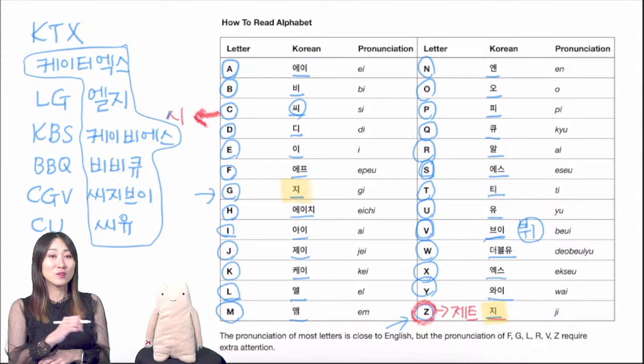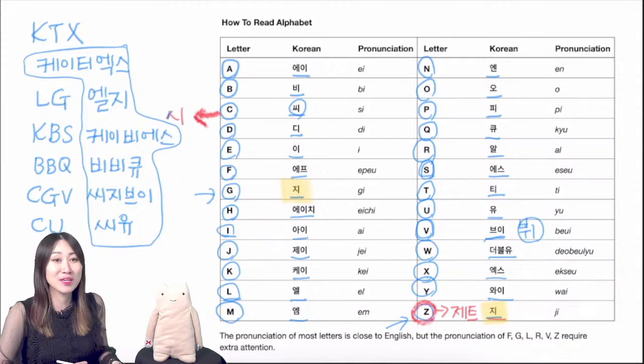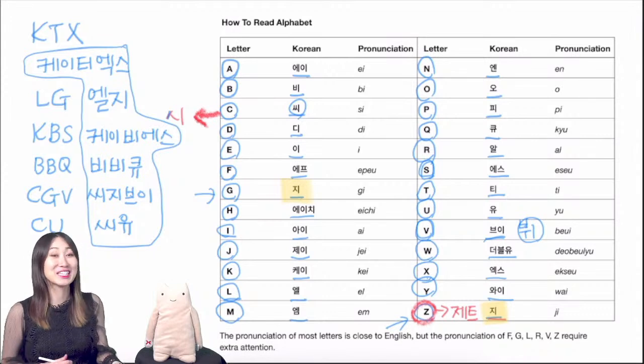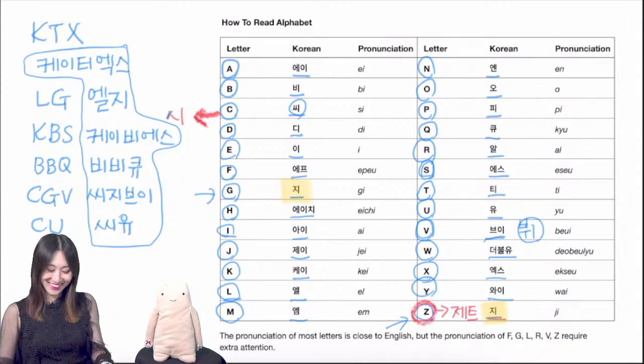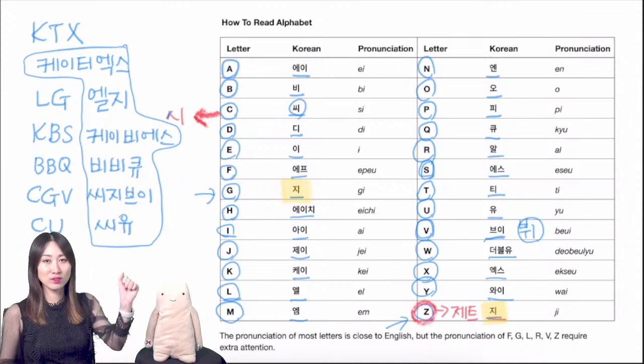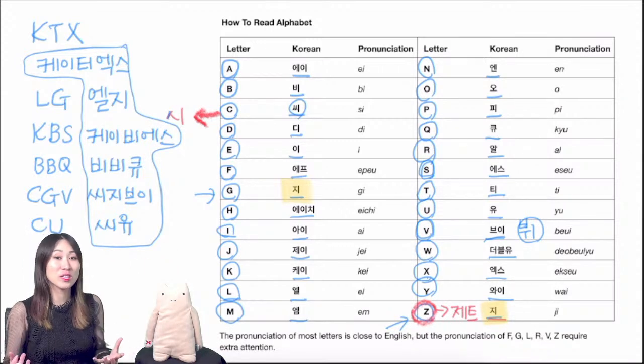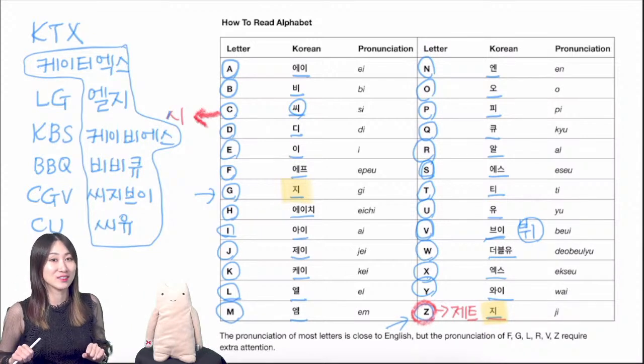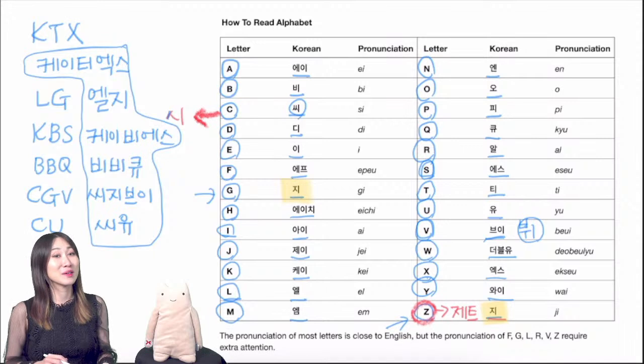So if you hear some words like, oh, did you see KBS? You're like, what? It's KBS. So you don't really have to practice this so much, but since you speak English already, I think you can remember this very easily. And now you understand Korean people's English pronunciation.